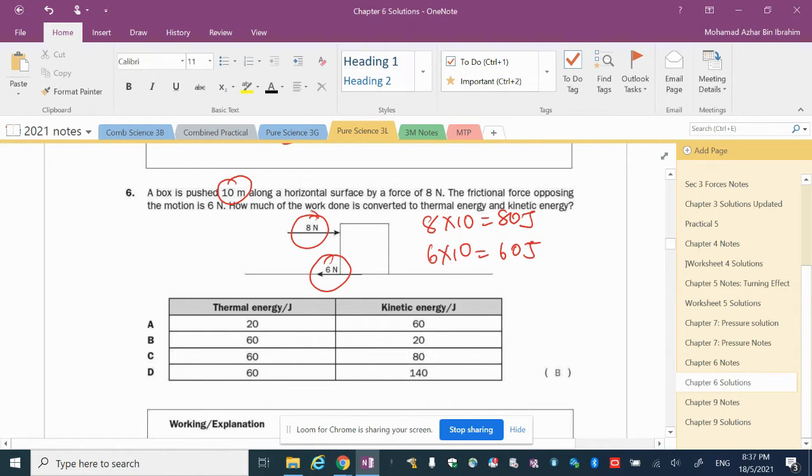So actually, out of the 8 newtons that he's applying here, 6 of them is used just to counteract the frictional force. So the amount of work that he needs to do to overcome friction is 6 newtons times 10, which is 60 joules. Which means the balance of 2 newtons, 2 times 10, will go into the kinetic energy. So the KE will end up being 20, and the thermal energy is 60.